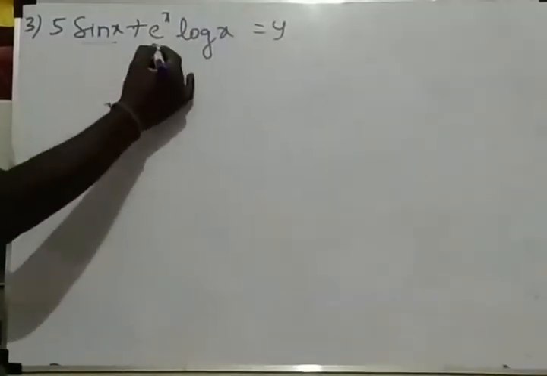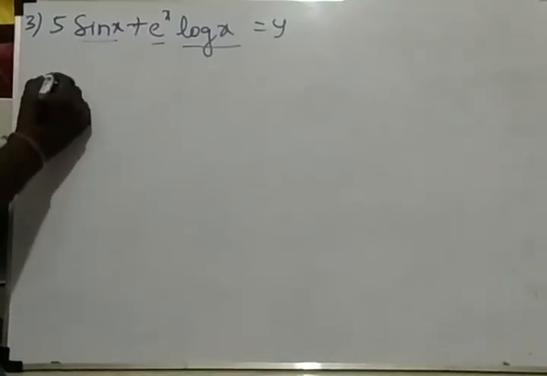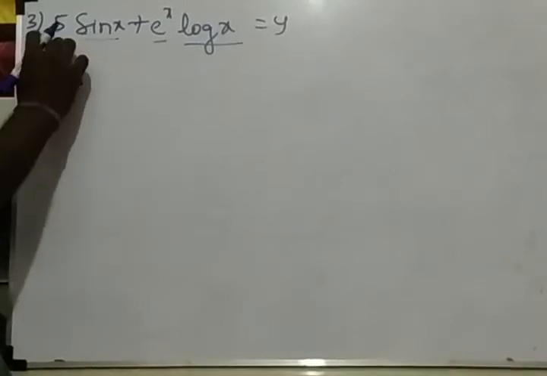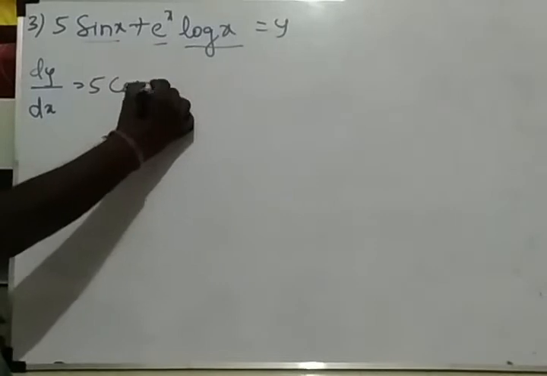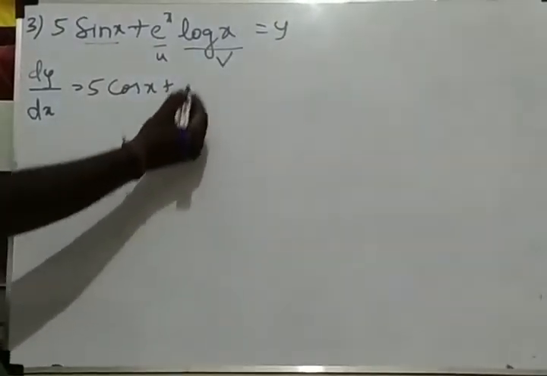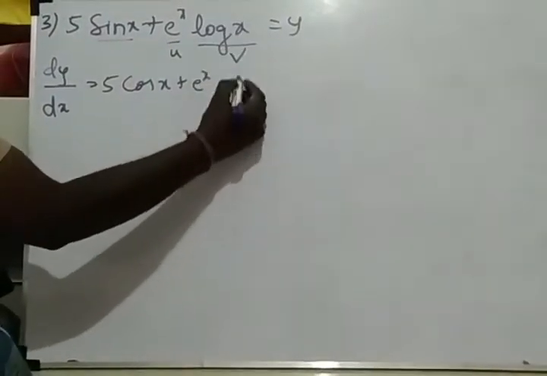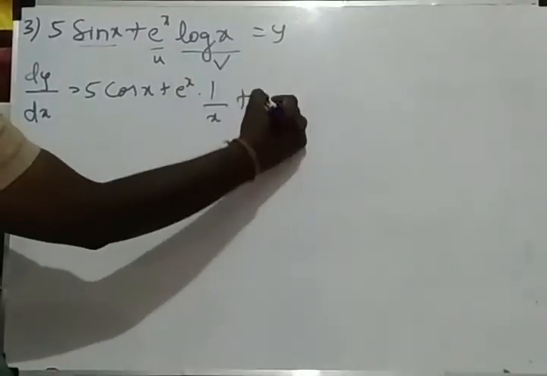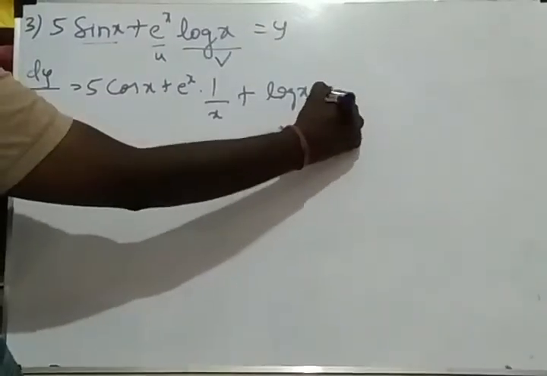Next sum, simple, much simpler. You have sin x separately, and then we have uv. So 5 sin x differentiated is nothing but 5 cos x. Now ex and log x is there, uv formula. So you get e to the power of x into log x is 1 by x, plus v du, which is log x into e to the power of x, as differentiation of e to the power of x is e to the power of x.